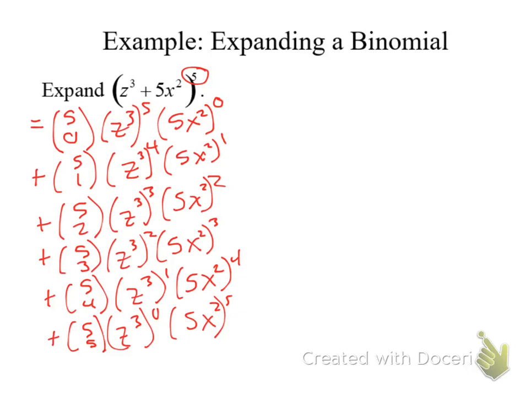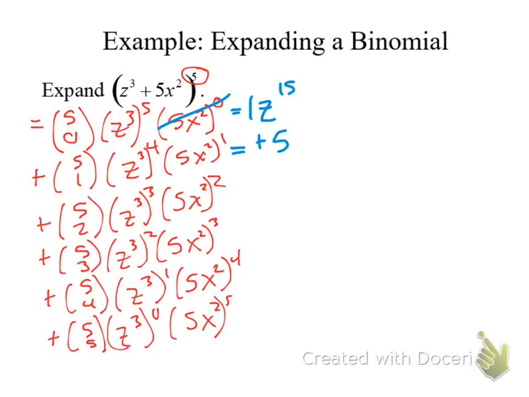So those are all of my individual terms for this polynomial. And so with that, I can go and simplify them now. So that goes to 1, and so I'm left with z to the 15th. And we're going to be adding all of these together. And 5 choose 0 is 1. I forgot that little piece. Then we'll be adding 5 choose 1, which is 5.